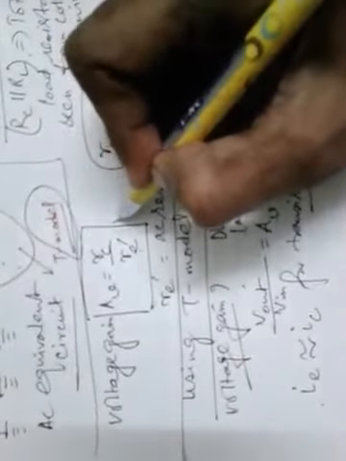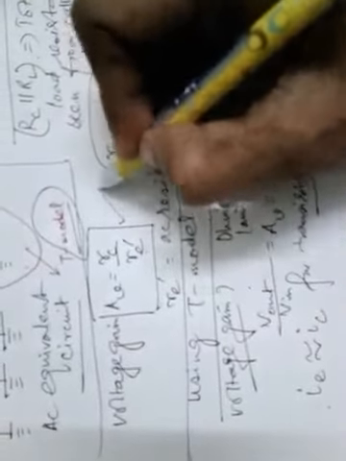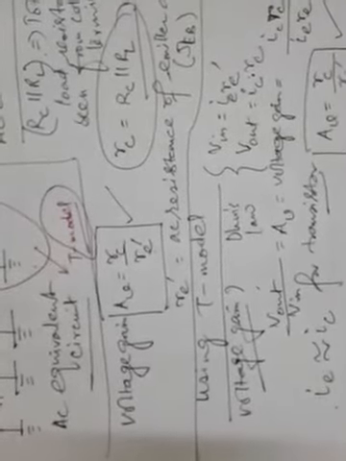You can see this expression resembles the expression which we got using the pi model. So the same equation is derived using both models for voltage gain, and it applies to all common emitter amplifiers because all those amplifiers have an AC collector resistance rc and an emitter diode with an AC resistance of re dashed. So this is all about how to calculate the voltage gain for these amplifiers.